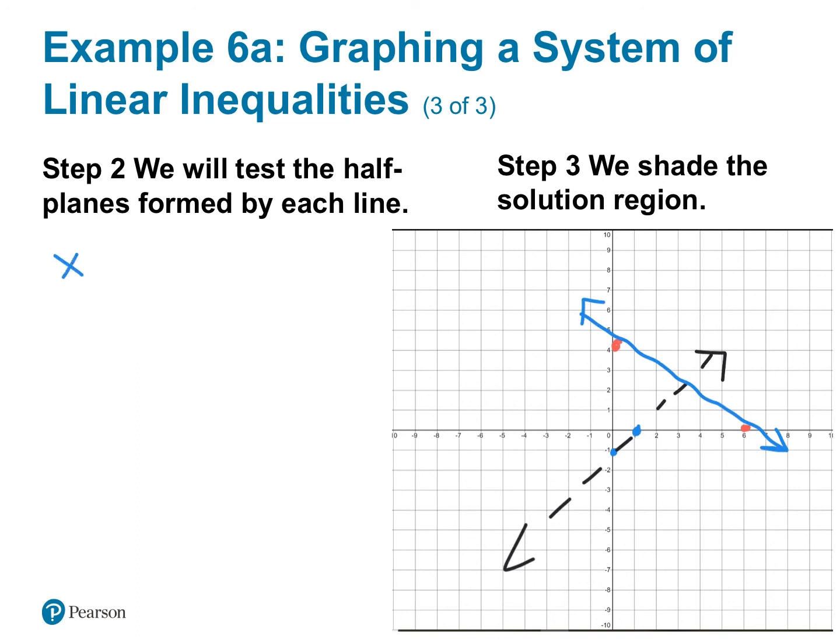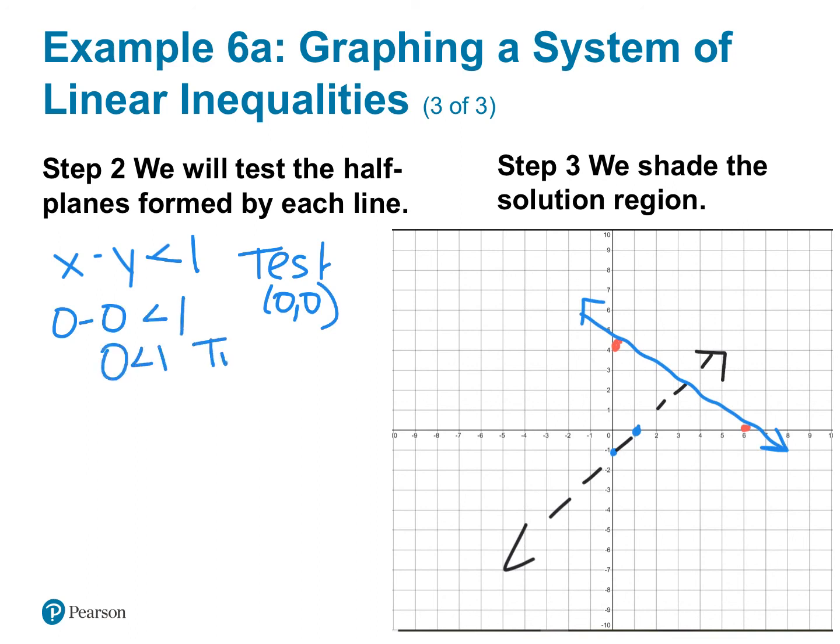Okay, so let's look at our first one. We're going to test 0, 0, see if it's true or false. So 0 minus 0 less than 1. Yes, that is true. So I'm going to include 0, 0. And this was for my dotted line, so I'm going to shade everything above.